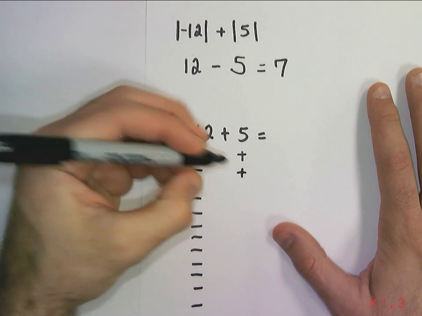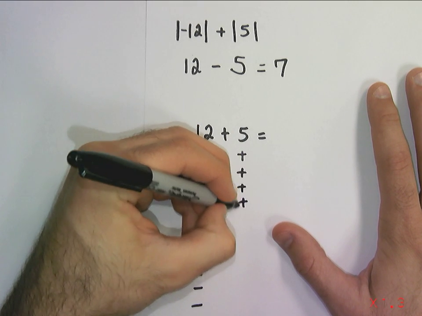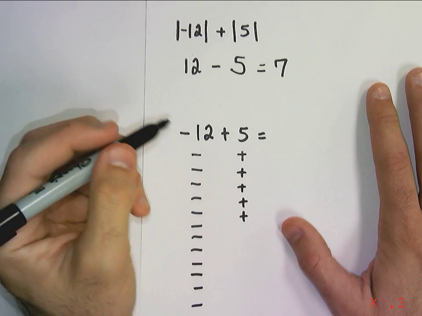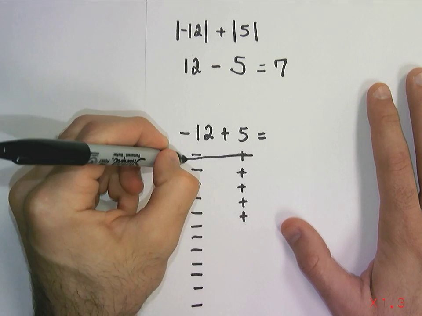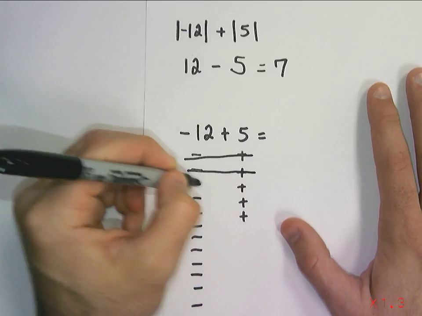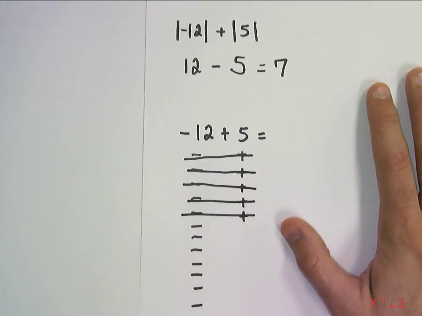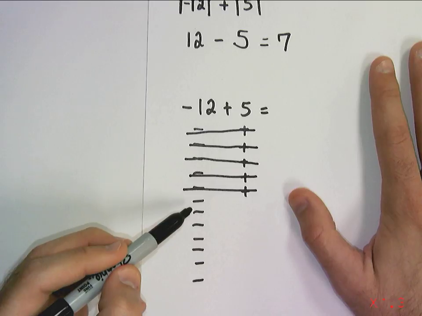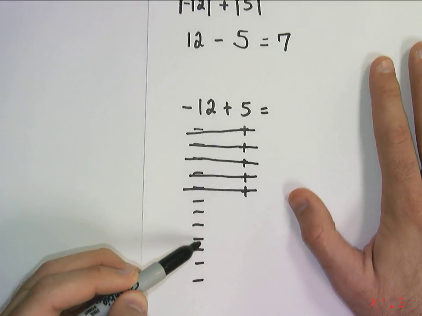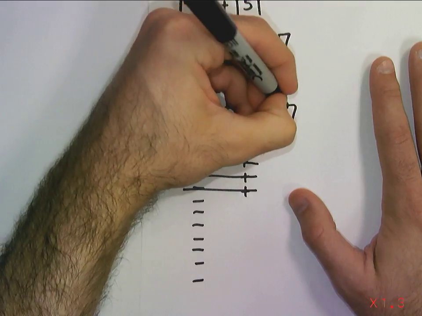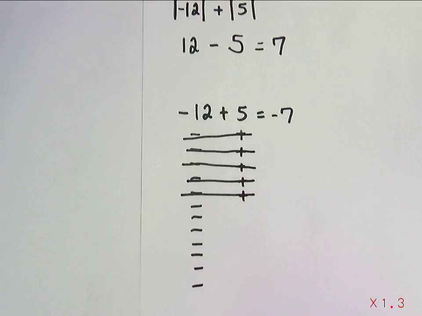And we have 5 positives. Now, a positive cancels a negative, so that means we can just get rid of these ones that match up, which leaves us with 1, 2, 3, 4, 5, 6, 7 negative signs. So -7 would be our answer in this case.